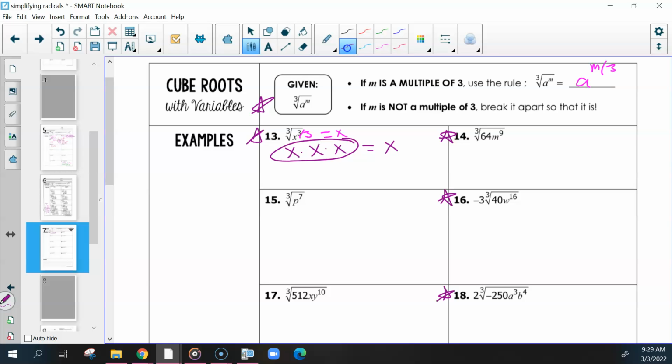Or, if you're doing the last method, there literally is a 3 on the outside. 3 goes into 3 how many times? Once. So just like our square roots, our cube roots would be the same.